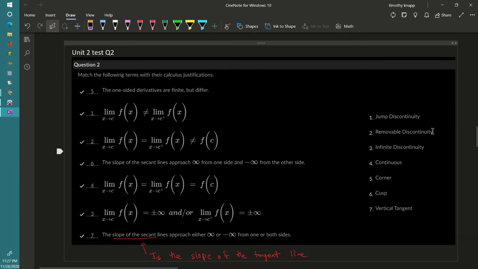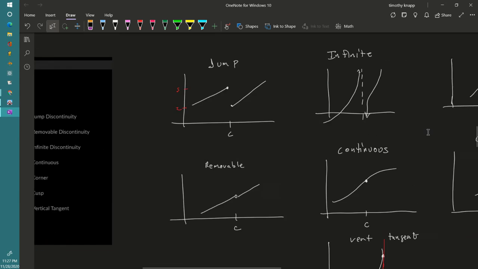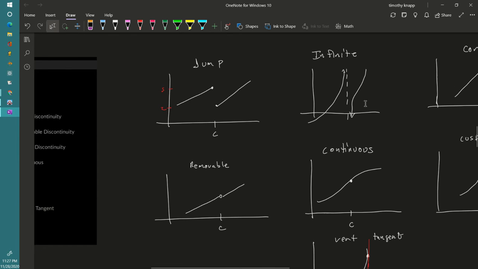What does a removable discontinuity look like? Well, graphically, removable is, where is it? Here it is. Removable discontinuity is basically I've got a left-hand limit and I've got a right-hand limit. Oh, and they actually look the same. They look to be both maybe like 3, okay? That's weird, but now what is the function defined at C?